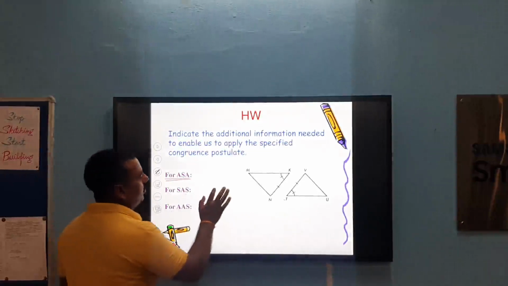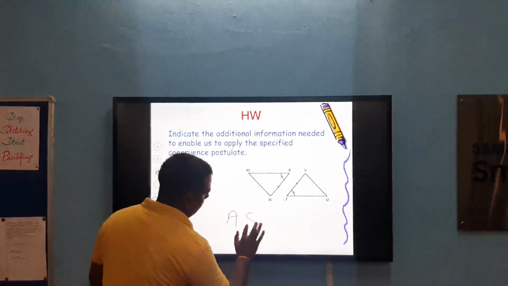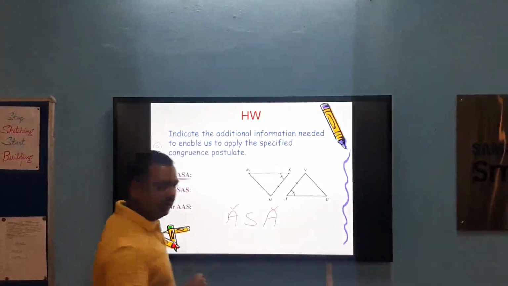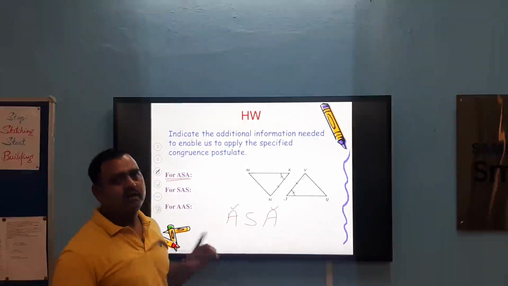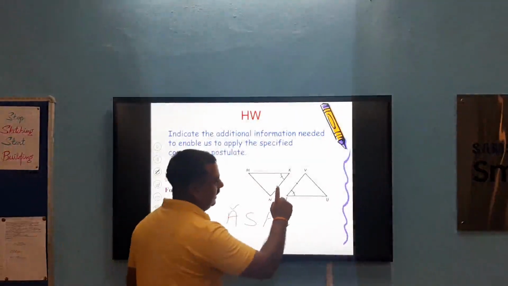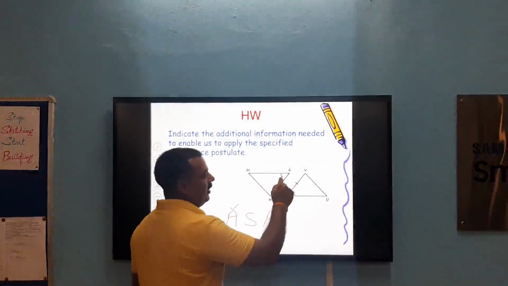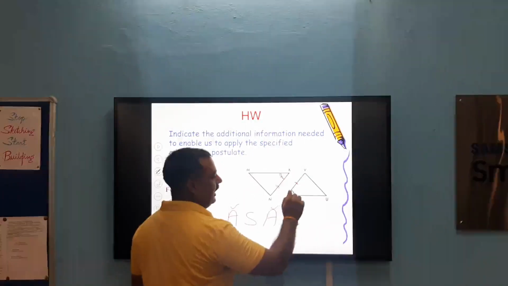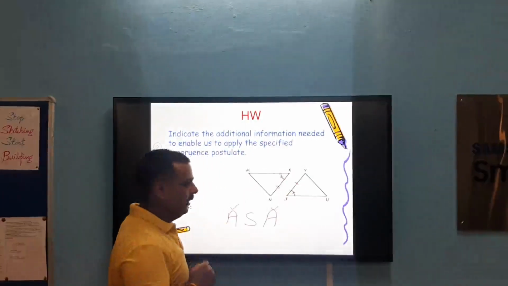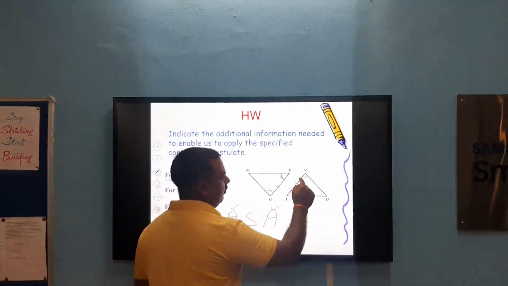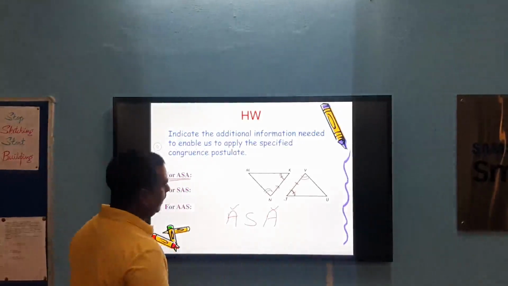So for ASA, we must know two angles equal and one side equal. The side must be included. So here the side is given. At the end of this side, one angle K is equal to angle T. So the other angle must be angle N is equal to angle V.